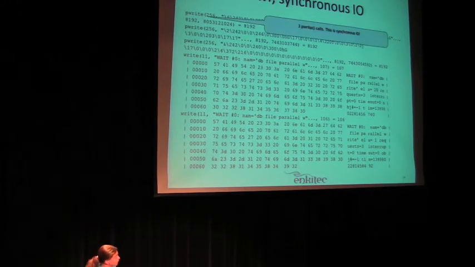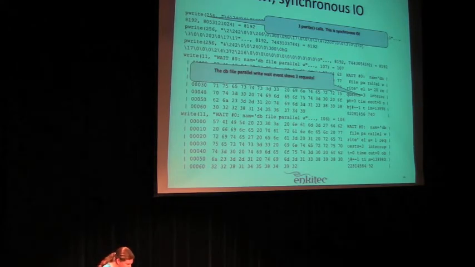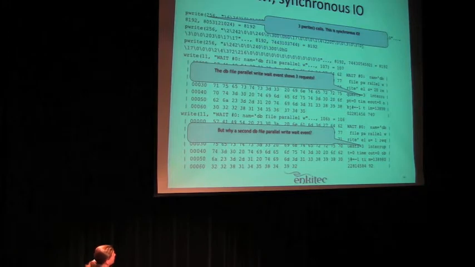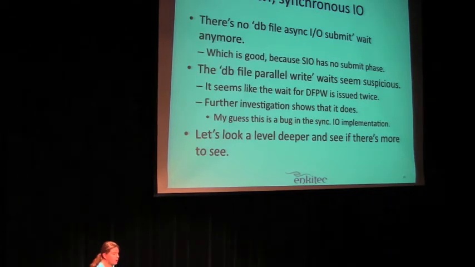What I saw is I'm doing pwrites now, and pwrites means synchronous I/O. And I see DB file parallel write for 3 requests. And I see a second DB file parallel write wait event, which probably, well, maybe Oracle wants to emphasize a point, but yep, there is no DB file async IO submit anymore, and that's good because we don't have an IO submit phase because we're doing synchronous IO.